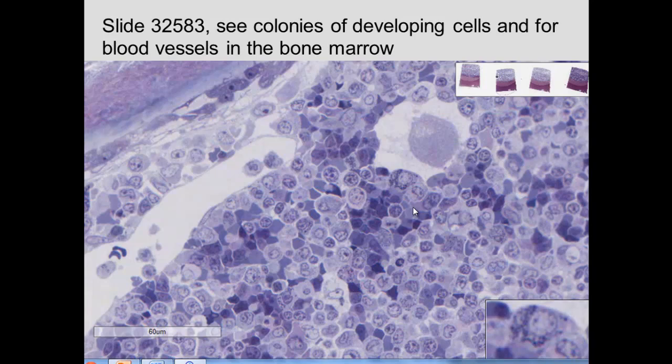Now this occurs in the bone marrow, and you can see colonies of cells developing. This is a group of cells here, some of which have granules. There's a blood vessel with white blood cells coming through. There's a megakaryocyte that produces platelets, and there's a piece of bone.